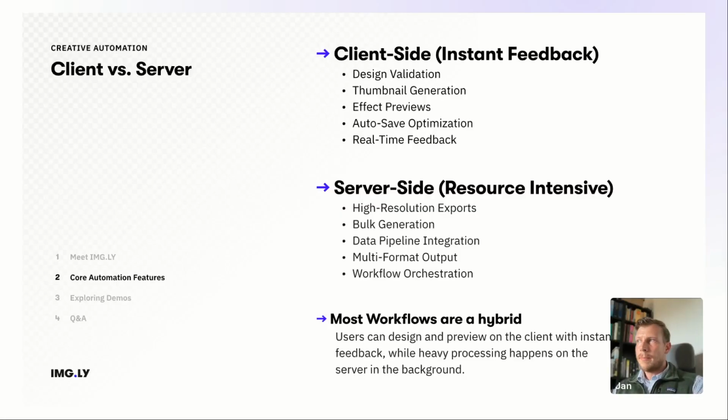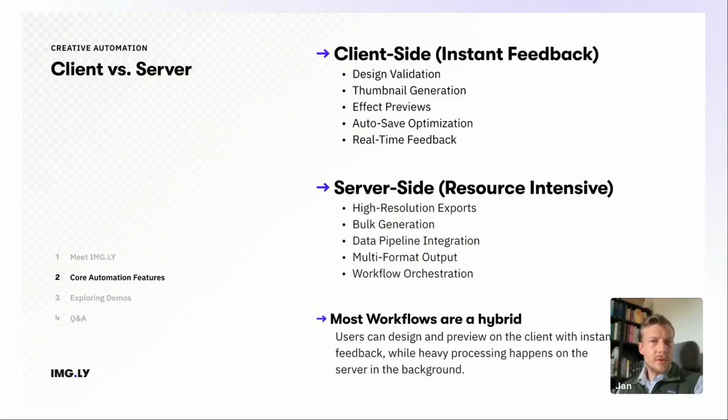Likewise, many types of automation have a design step up front. Someone's designing a template or editing a photo that will then be rendered in high resolution. And we do want to show previews of what the automated rendered result will look like, so the user can take action and check their work.